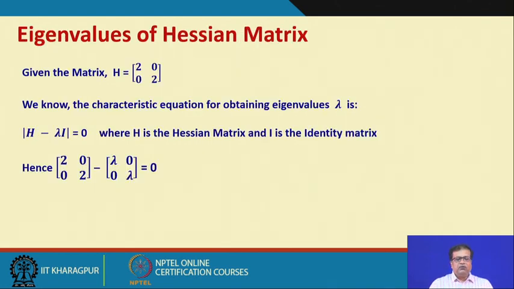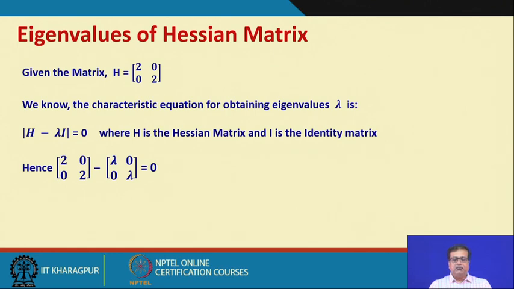Now, let us see how to find out the eigenvalues. Now, you see we got in our example one of the situations where the Hessian matrix is 2 0 0 2, that was our Hessian matrix. So, we know that we have to have a characteristic equation.